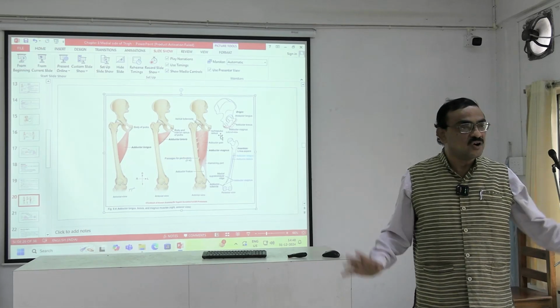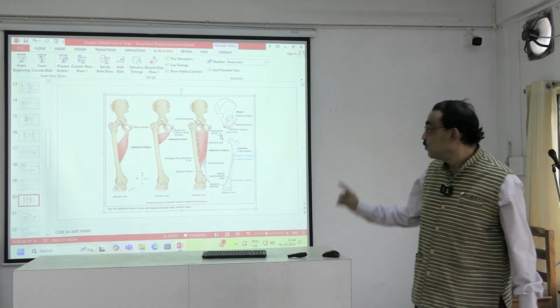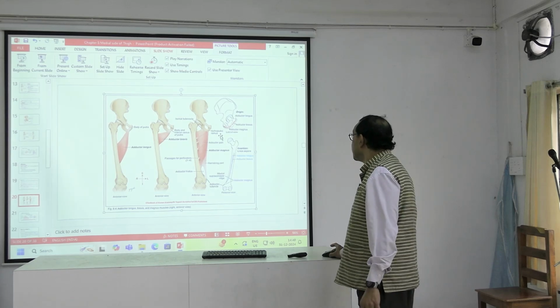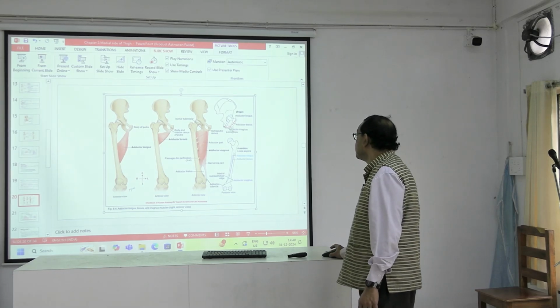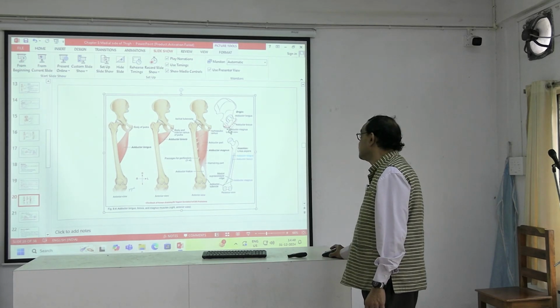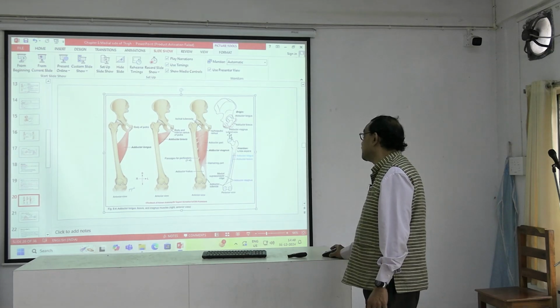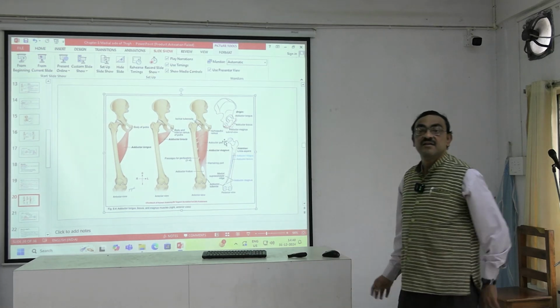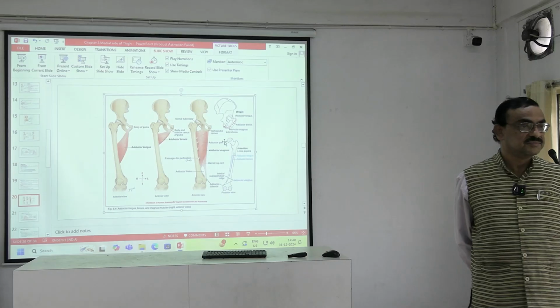So, these are the common features. Except the ischial fibers, the rest of the fibers, which take origin from the pubis or conjoint ischiopubic ramus, are the real adductors.